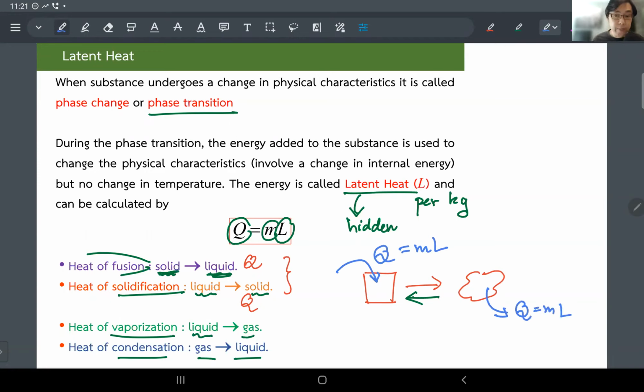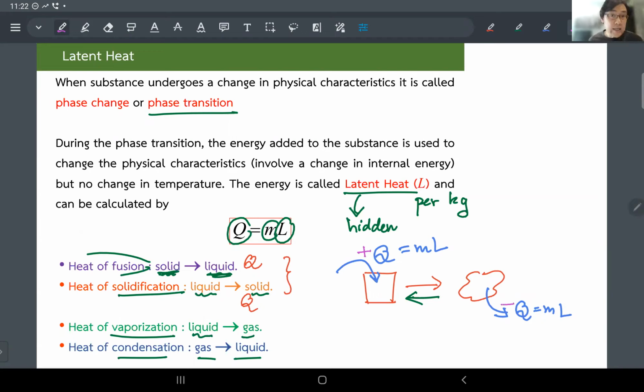Okay, guys, with me so far? So to go from solid to liquid, you have to give the energy to the object. I'm going to say this is plus. You add something to the object. On the other hand, if you have a liquid and you extract or pull out the energy from the liquid, that is the negative direction of the heat. You guys with me now?